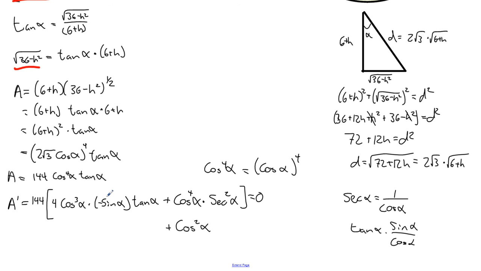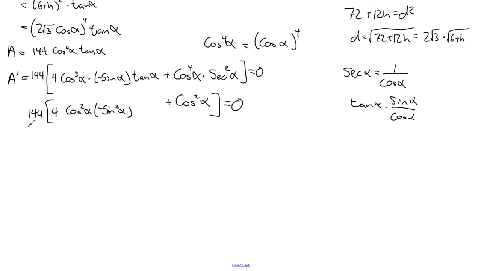I'm going to cancel out one of the cosines with the cosine on the bottom, and then I have to multiply the sine here with the sine on the top. So that'll give me, and again, I still have my 144 out on the top, 4 cosine squared alpha times negative sine squared alpha plus cosine squared alpha equaling 0.